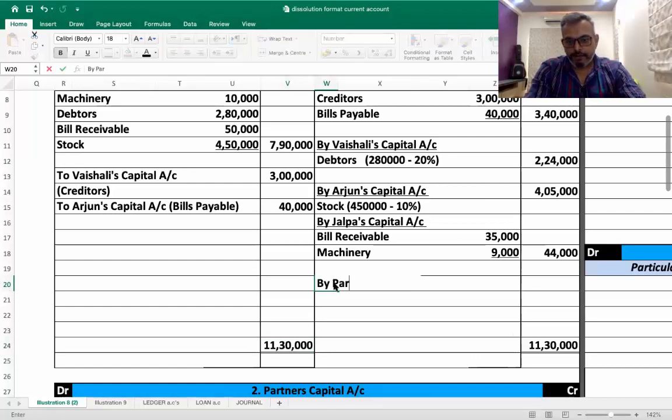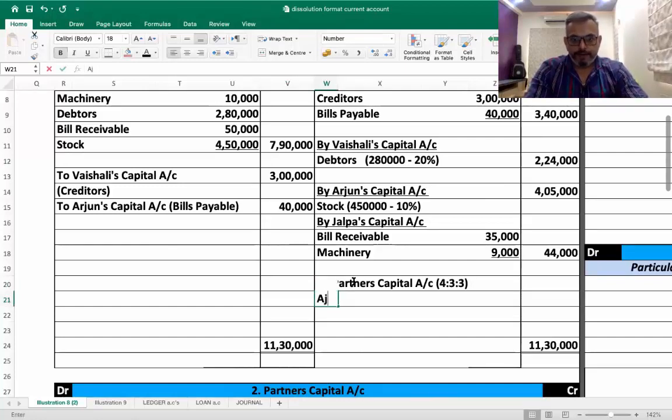By partners' capital account. Ratio is 4:3:3. Don't forget this, please. Name of the partner: Arjun, Vaishali, Jalpa.